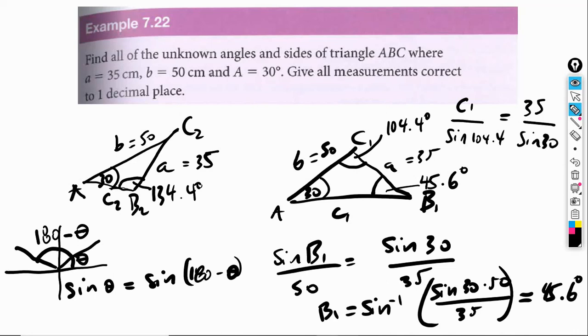If we solve for C1, that would equal about 67.8 centimeters. Then, with a very similar process, we could find angle C2 and the length of C2, but I leave you that as an exercise.